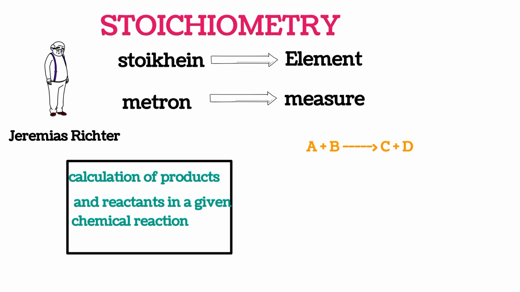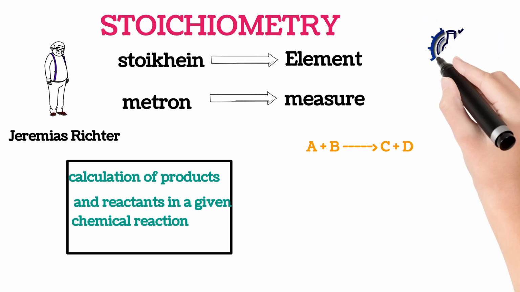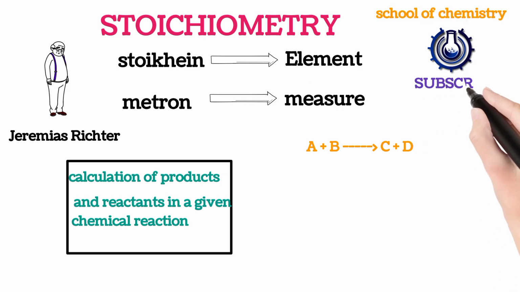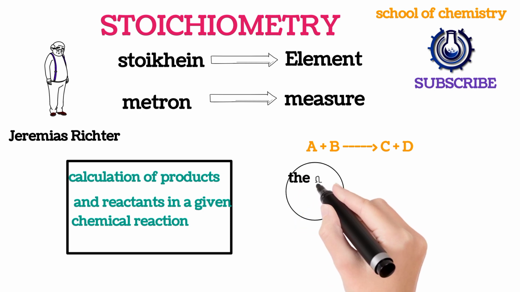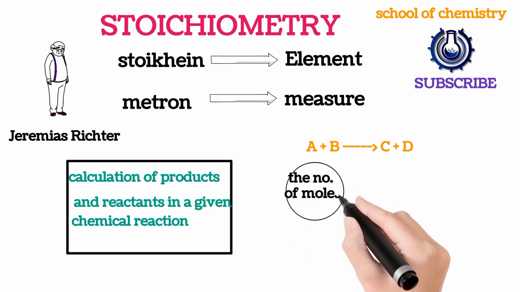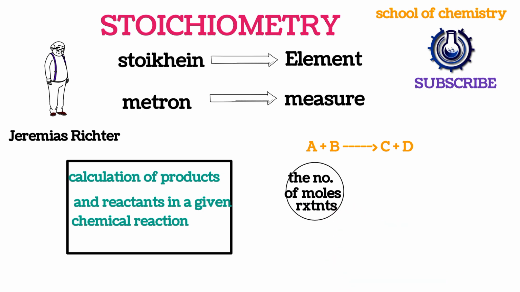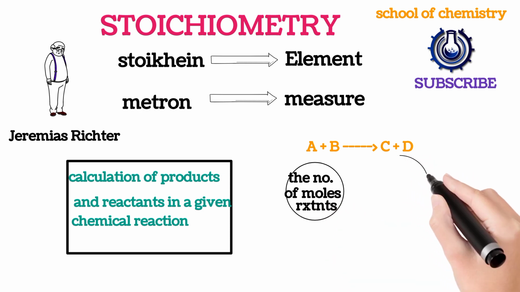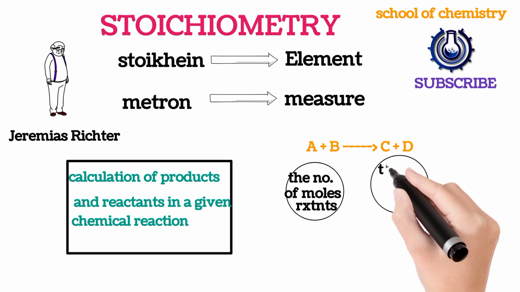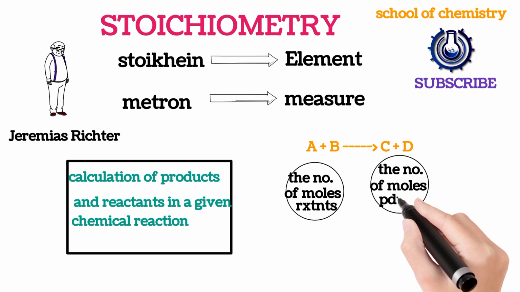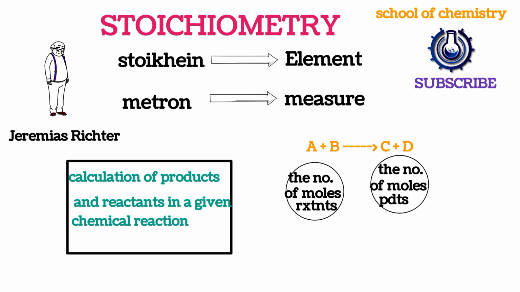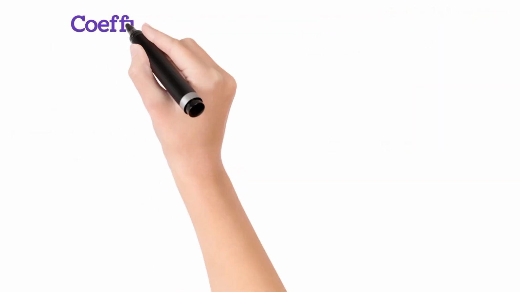So in a reaction or a chemical equation, A plus B to form C plus D, we can get the number of moles of reactants from the reactant side, which is the left-hand side, and the number of moles of product from the product side. So this is all what stoichiometry is all about.